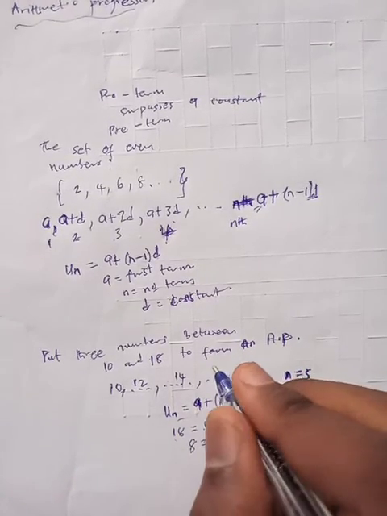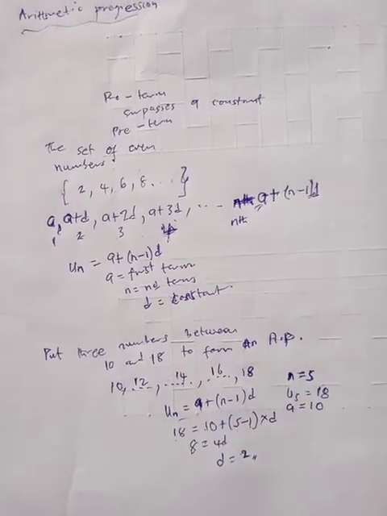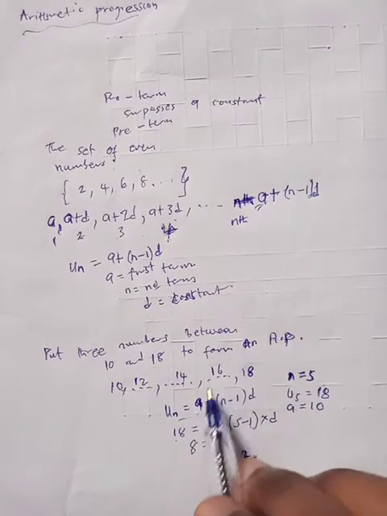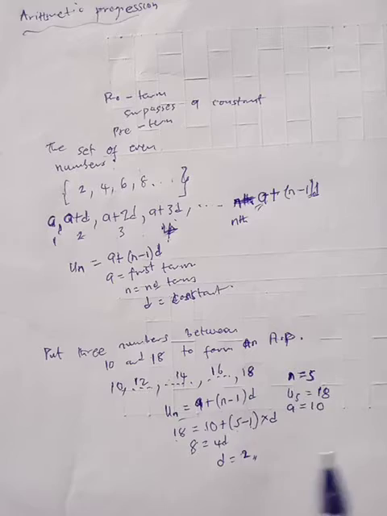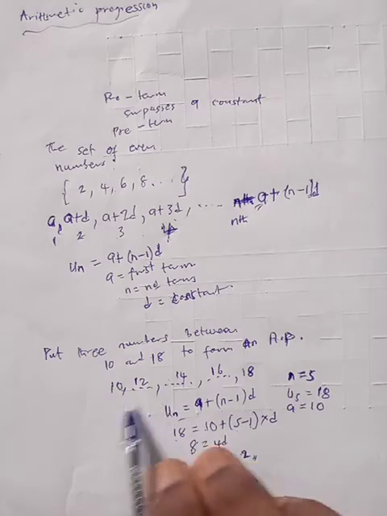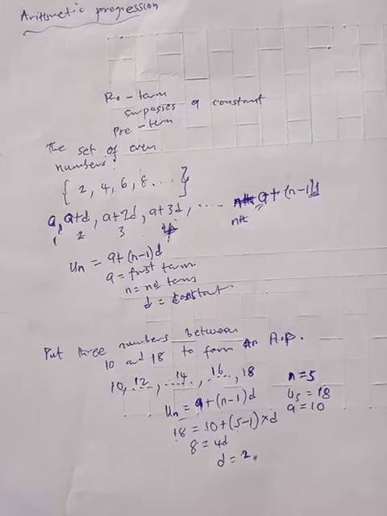We will get 16 in that order. So when we add 2 to 16, see that we'll get 18. So this question is solved. I hope you've gotten how to solve this question. It is solved. You have provided them the AP like that. The three numbers are inserted and of course the sequence forms an AP.